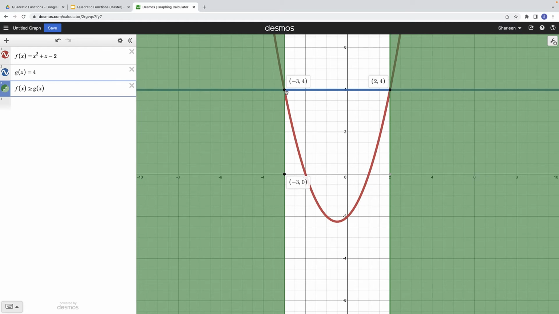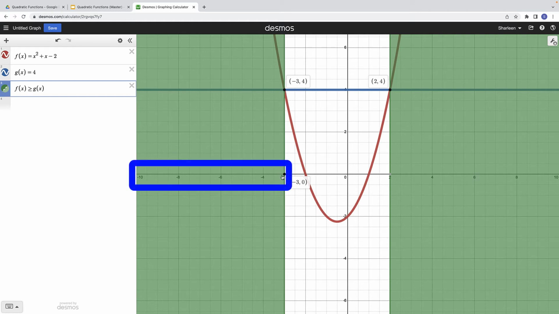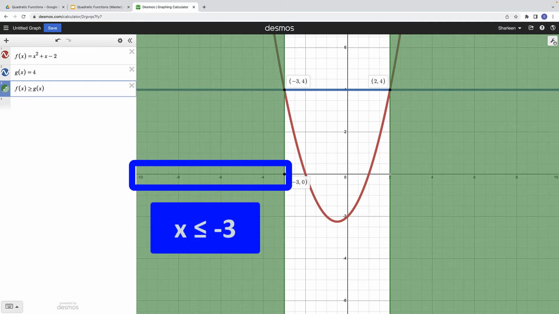That's where the horizontal line and the parabola intersect. To the left of -3, all of those x values are points on the parabola where it is above the horizontal line. So if we describe this region shaded in green on the left, that would be where x is less than or equal to -3.